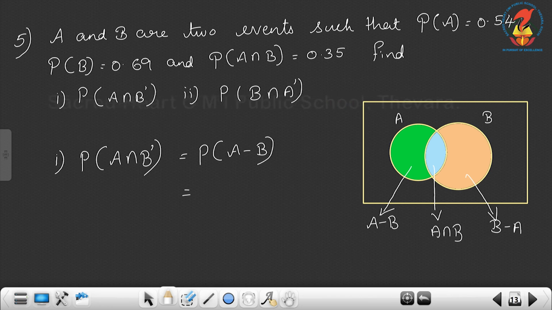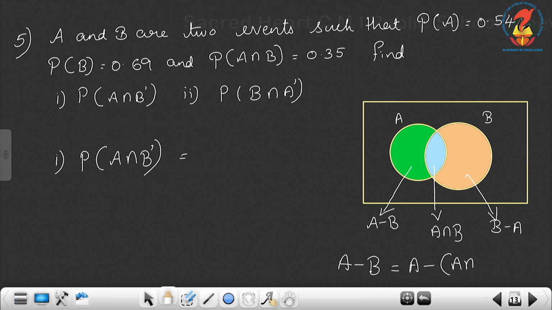So just you can subtract, children, P of A minus... no, A minus B we can't do. From this A we can subtract A intersection B. A minus B is same as A minus A intersection B, isn't it?